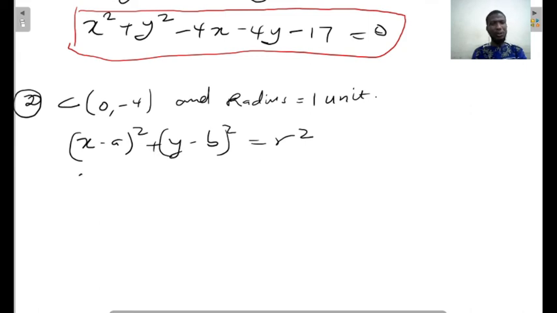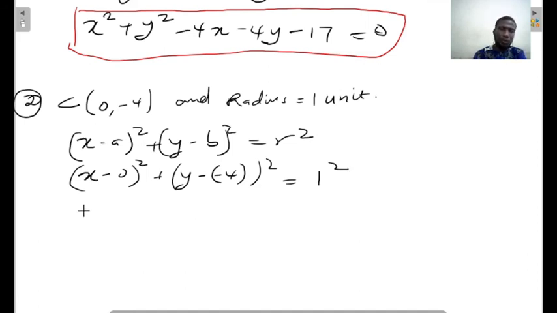Substituting the values, we are going to have (x - 0) all squared plus (y - (-4)) all squared equals 1 squared. And (x - 0) squared will give us x squared plus (y + 4) all squared equals 1.